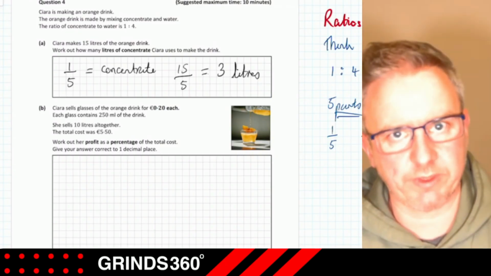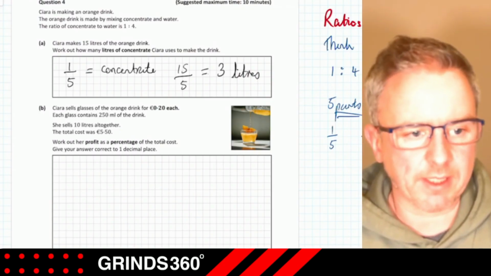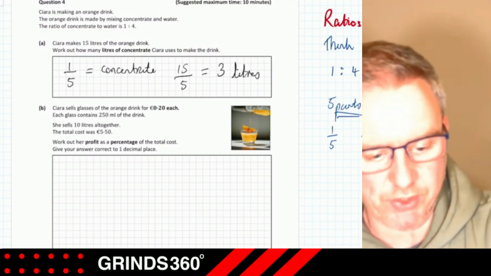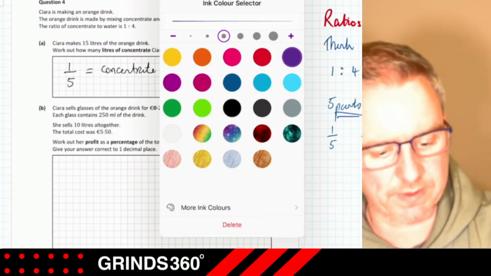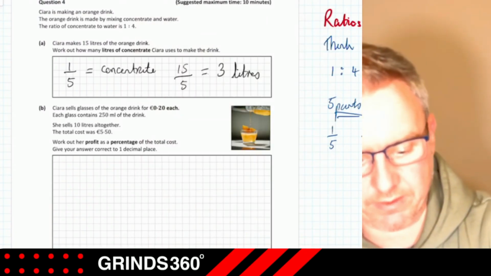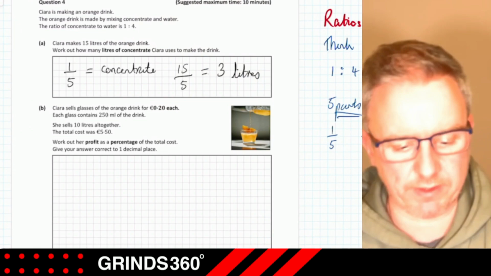Now, how could they change this around? That's not too bad the way they've asked that question. They could work in reverse though. They could have come along and said to us that that's our ratio. Keep the same ratio.